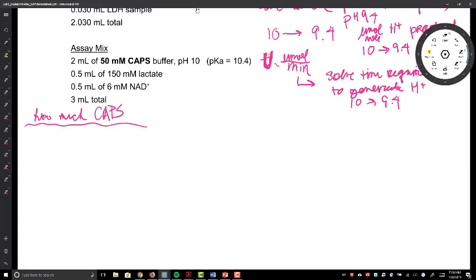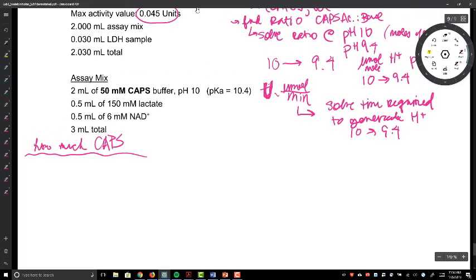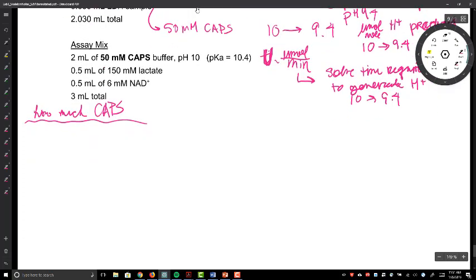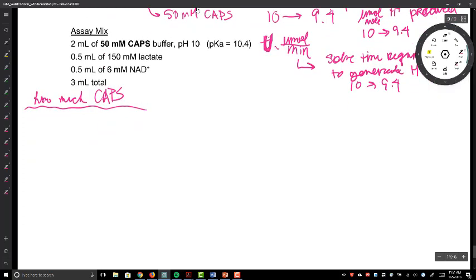And actually, for simplicity's sake, we're going to make the assumption here that this 2 mL of the assay mix is 50 millimolar CAPS, just for ease of calculation.